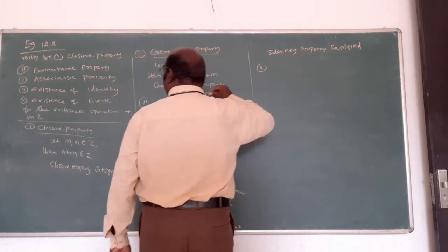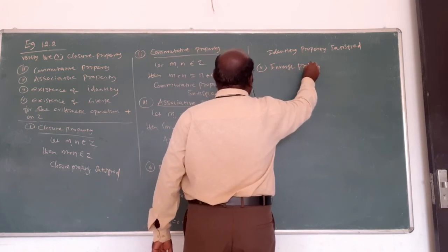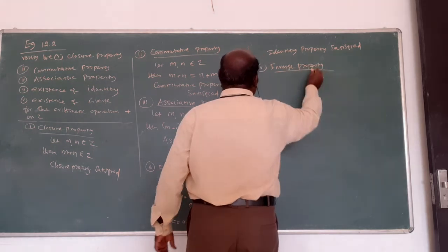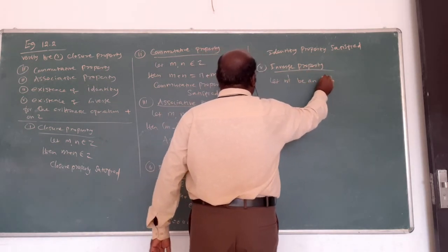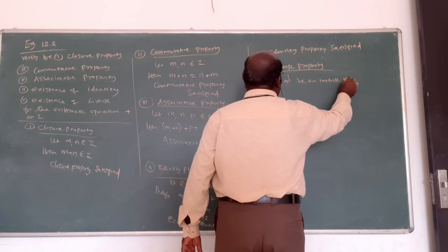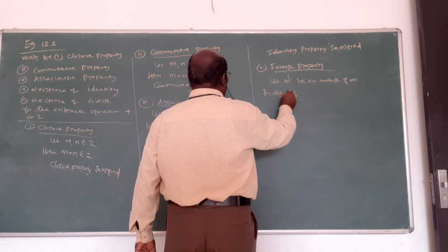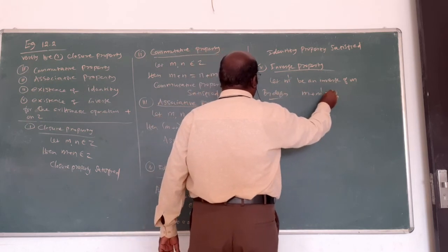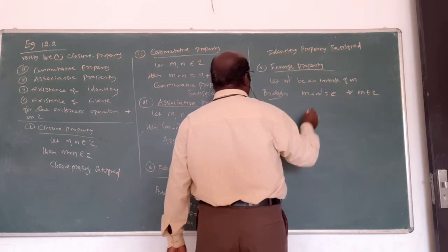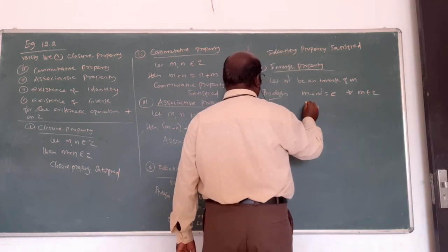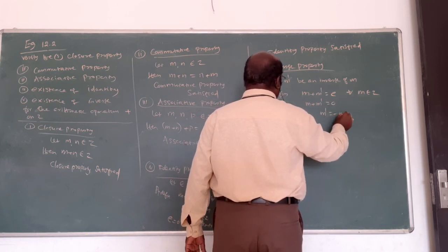Last one is what? Inverse property. The same thing, let m dash be the inverse of m. Am I right? Now by definition, m plus m dash equal to E. This is a formula for all m belongs to Z. Here E is 0, so m dash equal to minus m.